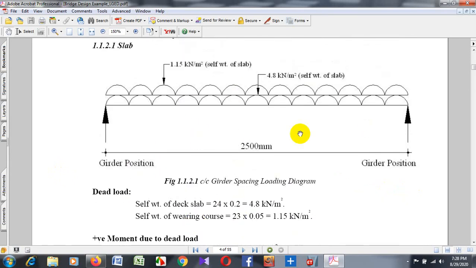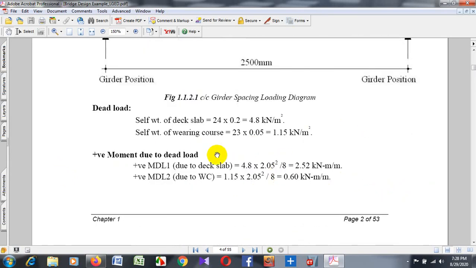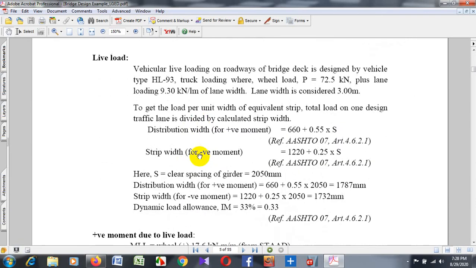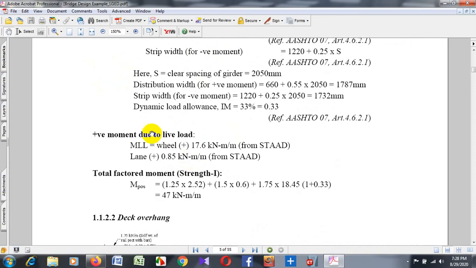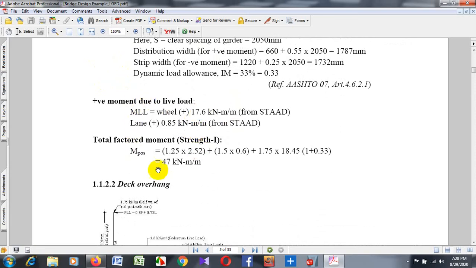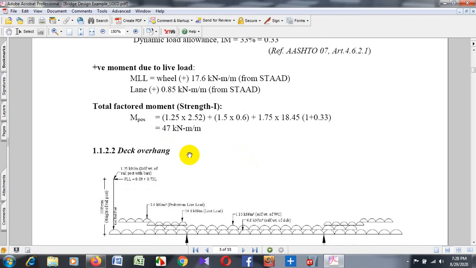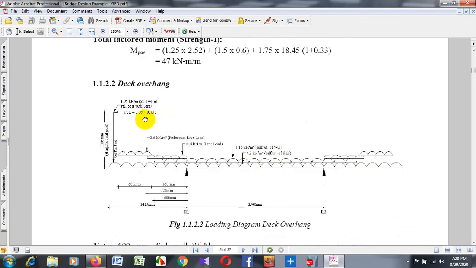This is a simply supported beam, so positive moment is wL squared by 8. These are some live loads. Live load should be calculated from the AASHTO specification, and positive moment due to live load, factored moment, 1.25 factored moment, and this live load and deck overhang.